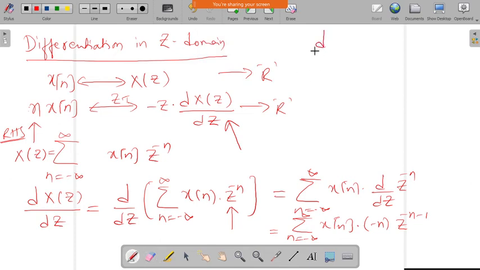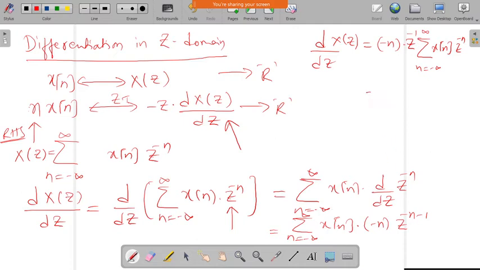So, that is d by dz of x of z, which is equal to minus n into z power minus 1. So, this z power minus 1 I am taking out, and the remaining will be summation n equal to minus infinity to plus infinity x of n into z power minus n. Okay.